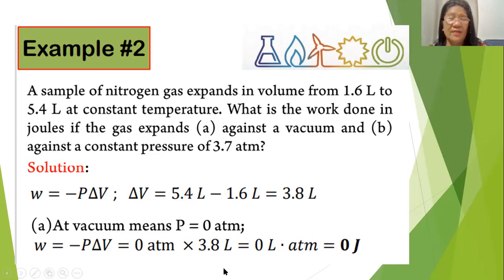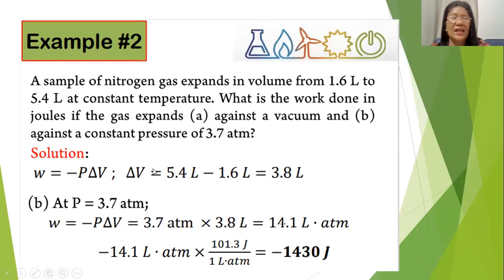That is zero. Then our volume, which is 3.8 liters, any number multiplied by zero is zero. Therefore, our work, once it is in the vacuum and at the same time at constant pressure, is equal to zero.